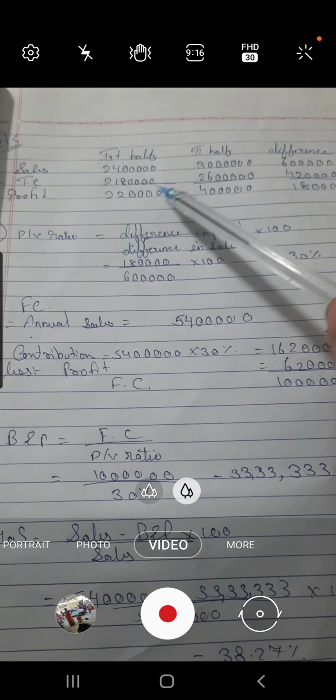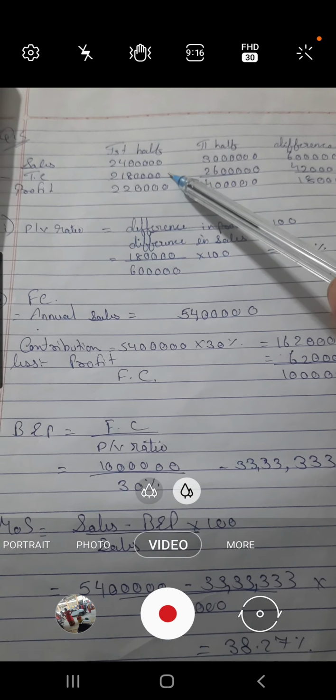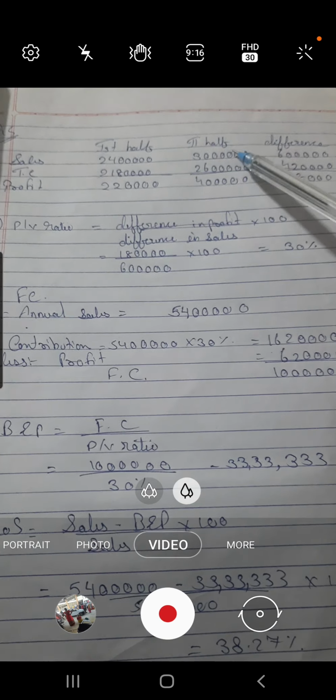In the question itself, the sales and costs are given for the first half as well as the second half.